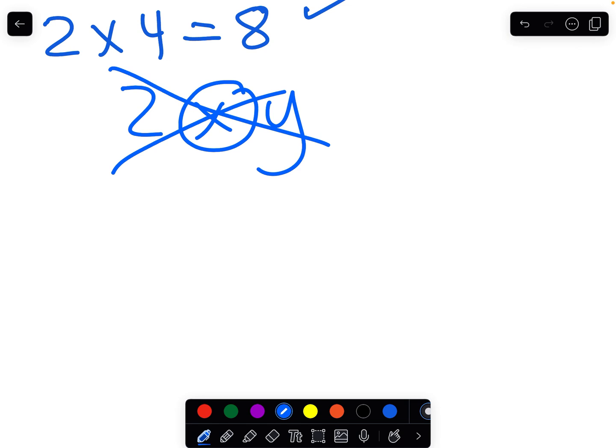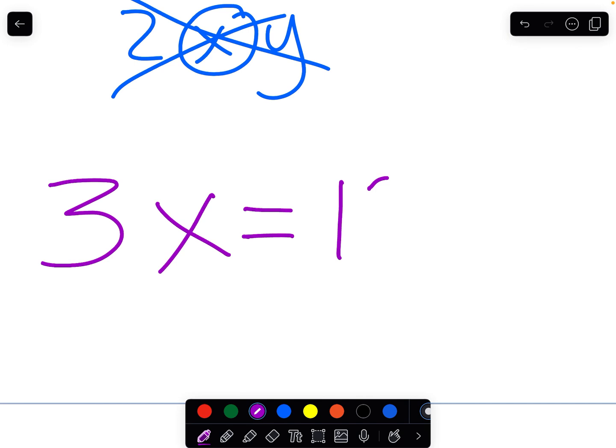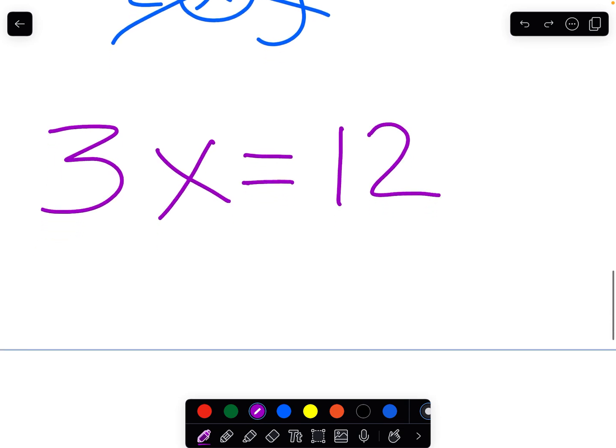So what we do with multiplication is we can put a number next to a letter, in this case x, 3x equals 12. Now, notice this doesn't mean 3, it means 3 times some number equals 12.